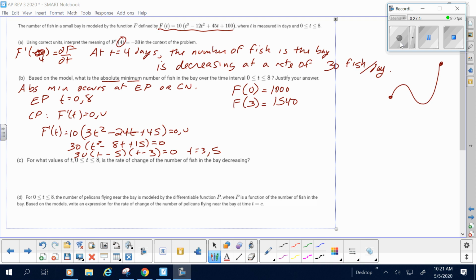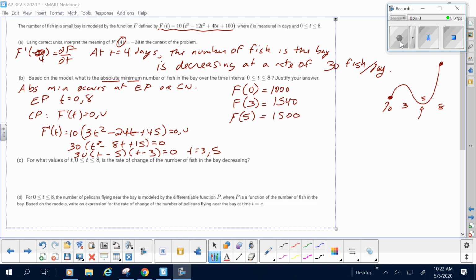So really, the minimum, I kind of know in my head, the candidates for minimum are 0 and 5. But I'm going to find all 4 candidates and just verify. I really just need to know which one goes lower, 0 or 5. But that's right. F at 5 is 1,500.